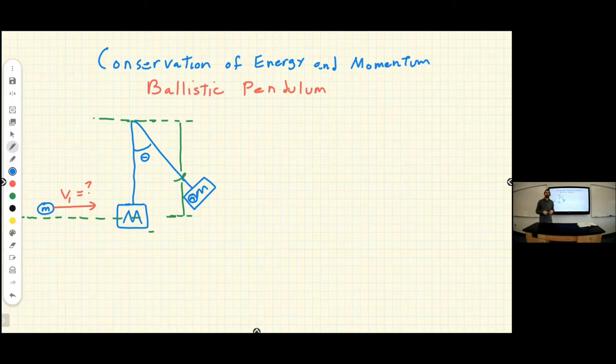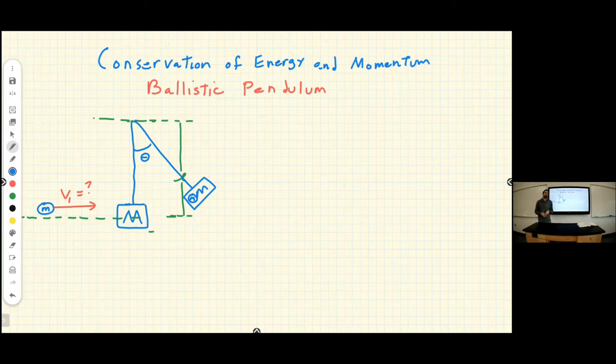Before high-speed video became very convenient and easy to use, this was the primary way that people would measure the speed of a projectile as it leaves a rifle or something like that. Even today, measuring the speed of a bullet using high-speed video is still not something that's incredibly easy. It's not something you can do with your phone. So this is one way that you could do it accurately.